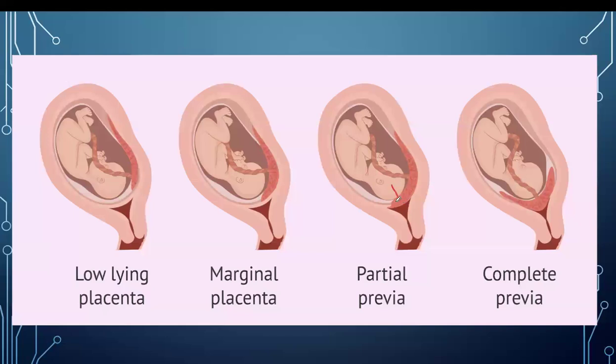So when the baby descends, the head or the presenting part of the baby starts causing pressure on the placenta. And the placenta has tiny blood vessels which don't have that much strength. So with that pressure from the presenting part of the baby, these tiny blood vessels start to rupture, causing bleeding.